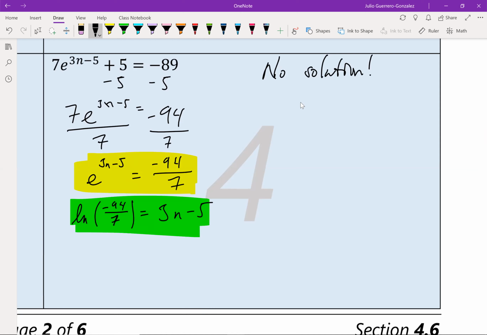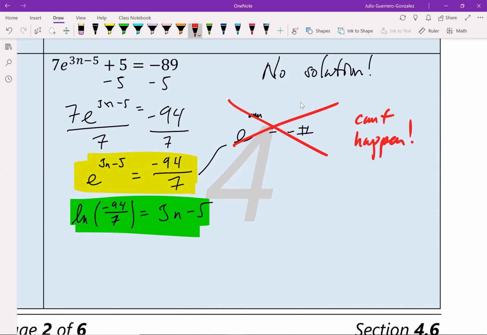The first one is right here: you're going to have some e to the something equal to something negative. I just covered this maybe like 5 minutes ago. This never happens. This cannot happen, ever.